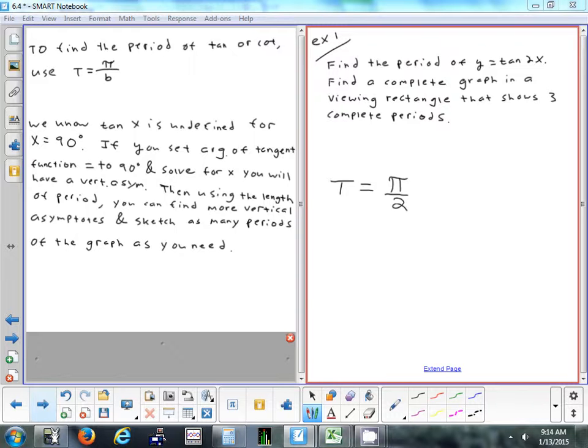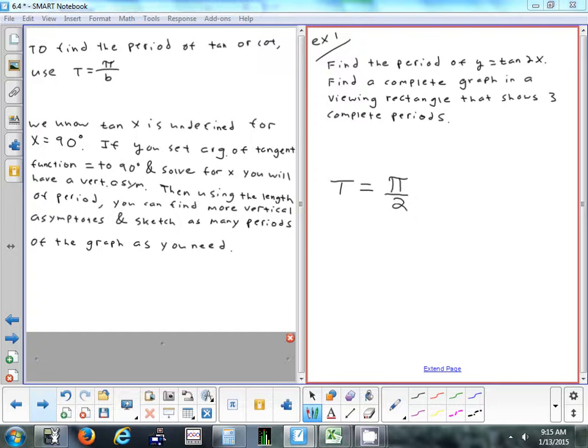So now we know our period. Once we find one asymptote, all we have to do is add or subtract pi over 2 from that as many times as we want, and we can get more asymptotes. So what's happening here? Did this graph compress, or did it stretch? Yeah, it compressed.